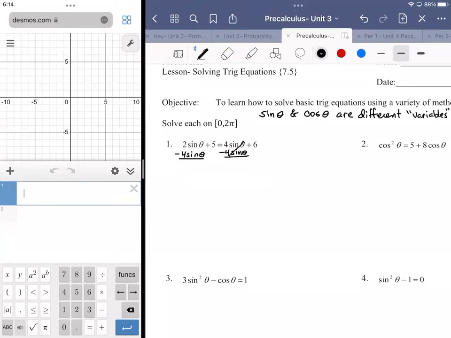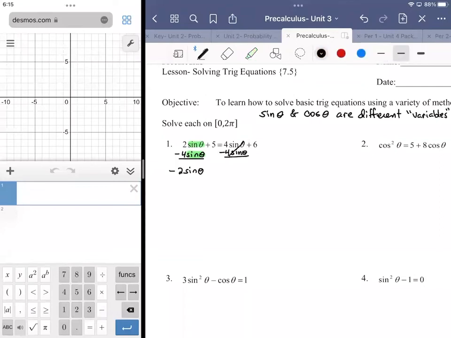I'm left with -2 sine theta because I'm treating sine theta as if it's a variable. Since we have like terms, all I'm going to do is subtract the coefficients associated with those variables.